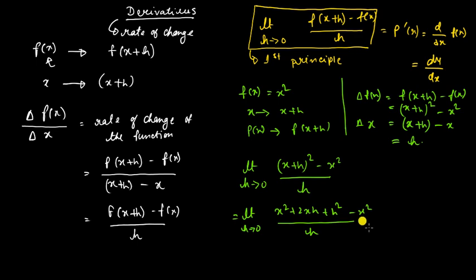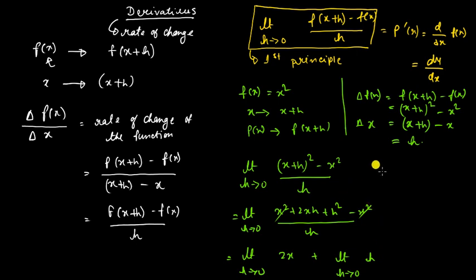Now you can cancel all these things out, this and this get cancelled. So eventually what you're left with is limit h tending to 0, then 2xh divided by h, if I distribute it, that becomes 2x, and then limit h tending to 0, this becomes h, because h square by h is h.